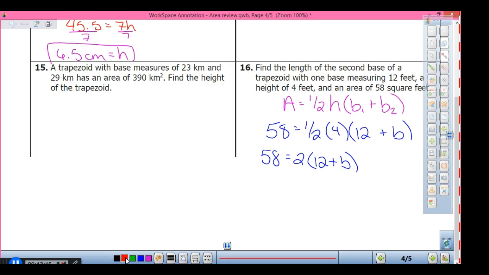So if I divide by 2, I get 29 equals 12 plus b. Then what? Subtract my 12. And my other base is 17.